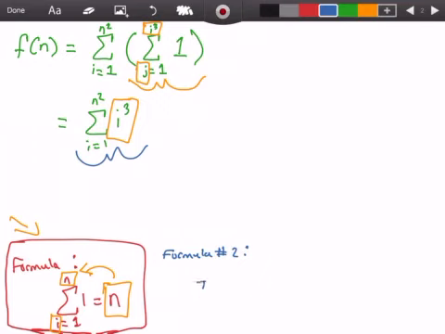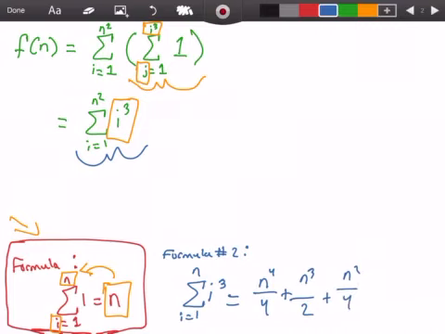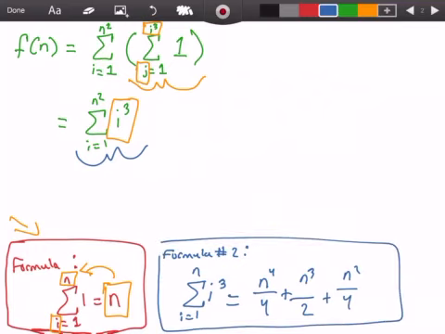It states that if we have a summation from i equals 1 to n of i cubed, then this is equal to n to the 4th divided by 4 plus n cubed divided by 2 plus n squared divided by 4. We're going to use this formula here.